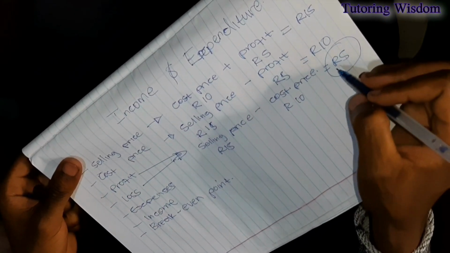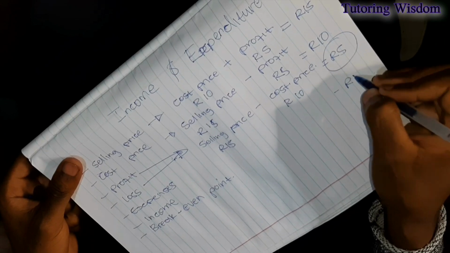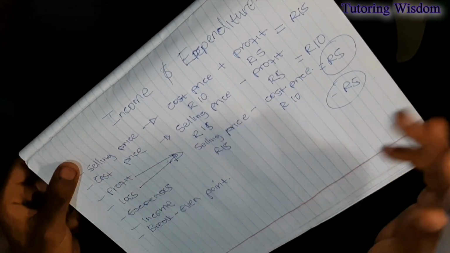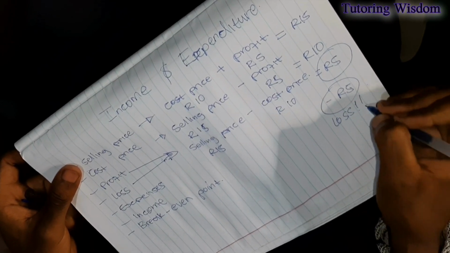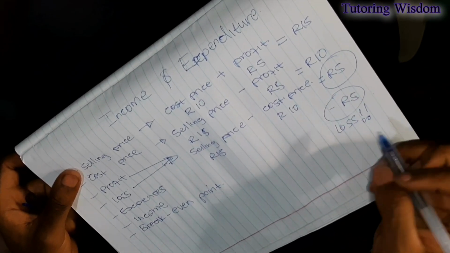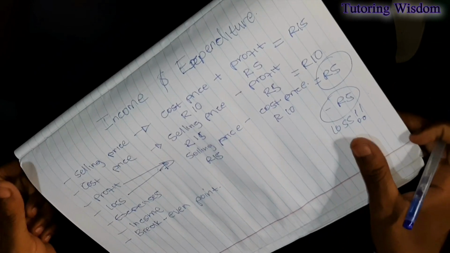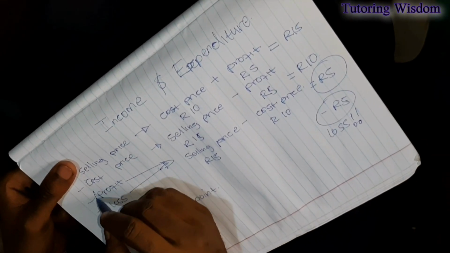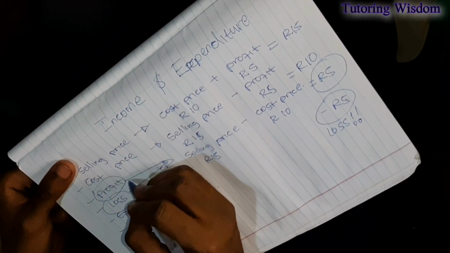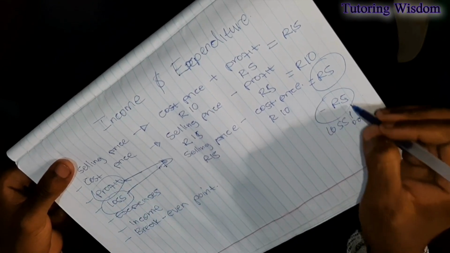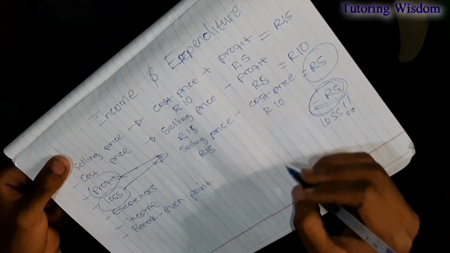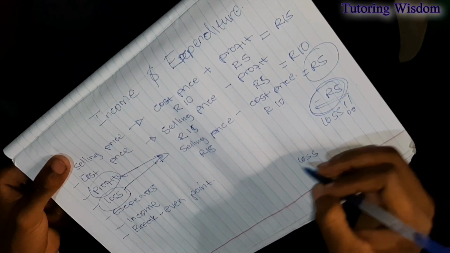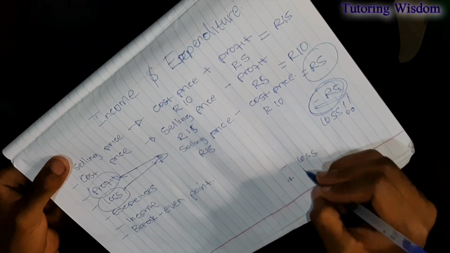If this amount was a negative amount, that means this person did not make a profit but made a loss. So be careful about that. If the question ever asks you to calculate if this person got a profit or a loss, make sure you check whether this value is negative or positive. If it's negative, then you say loss. But if it's positive, then you say it's a profit.